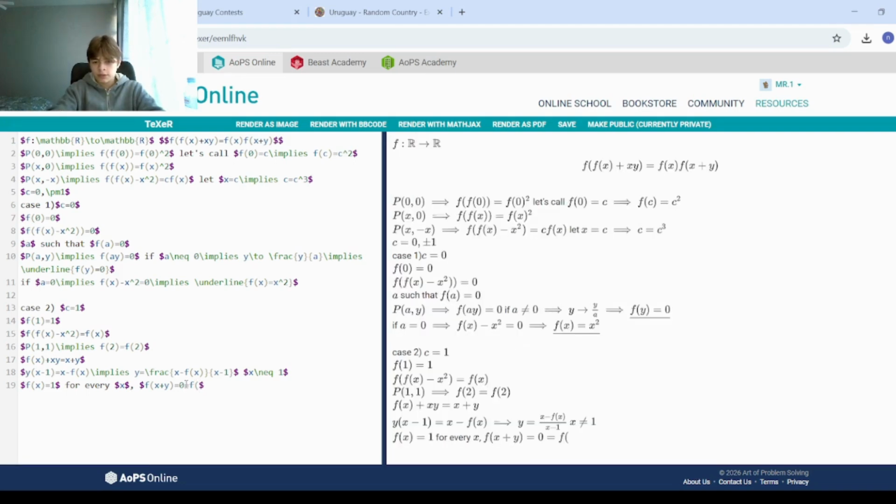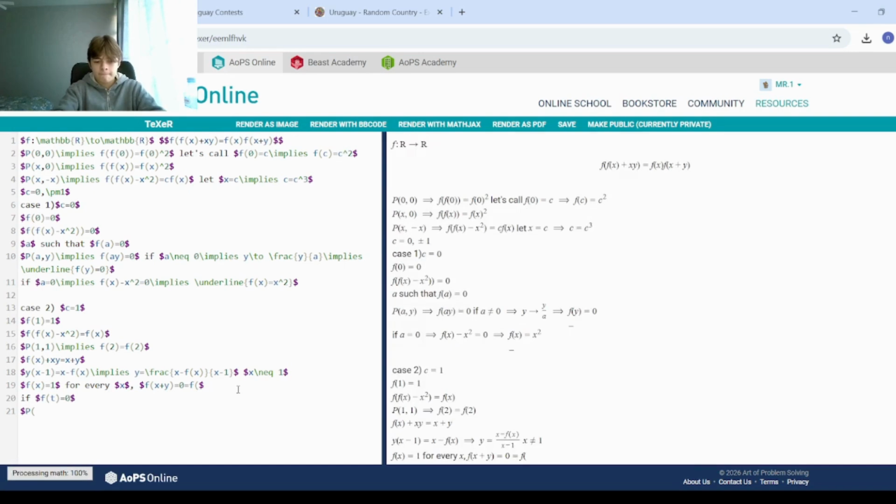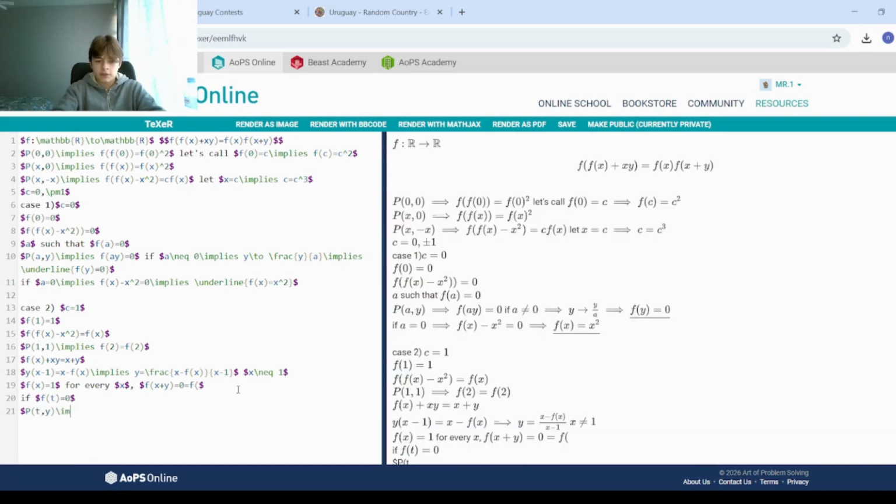Actually, we proved that if some t is such that f(t) is equal to 0, then is it true that t is always 0? I think it is, because if we put this, we get this is 0, so f(ty) equals 0, and yes, this is the case right here.